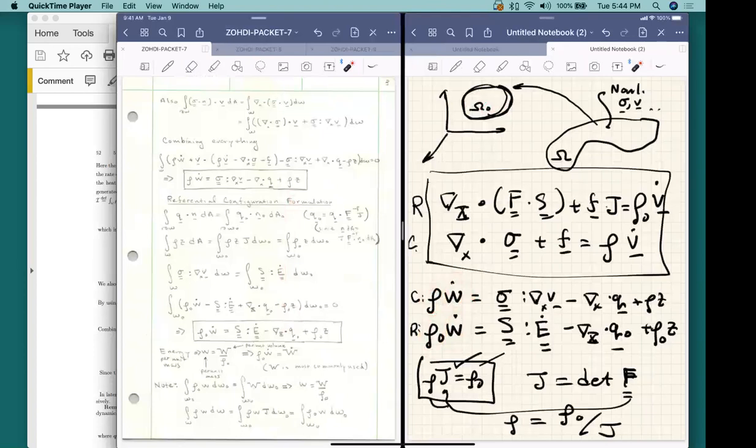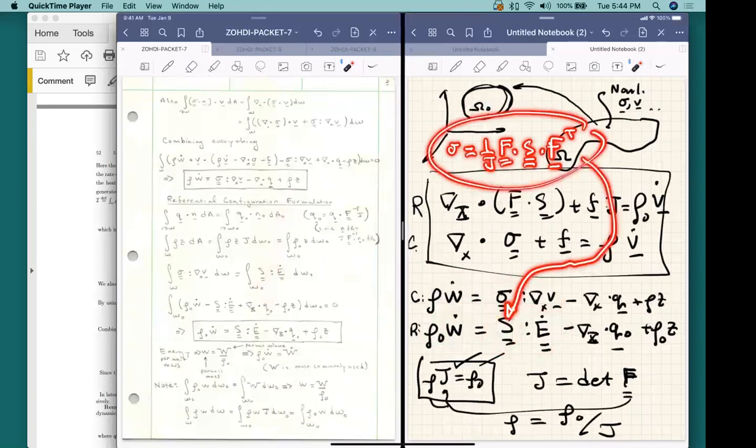Number two, the product of the stress with the gradient of the velocity, through all of these different manipulations, which are shown here on the left-hand side, ends up becoming the second Piola-Kirchhoff stress, that weird term where sigma is equal to 1 over J F S F transpose. That's our good friend. It makes a cameo appearance here as S.